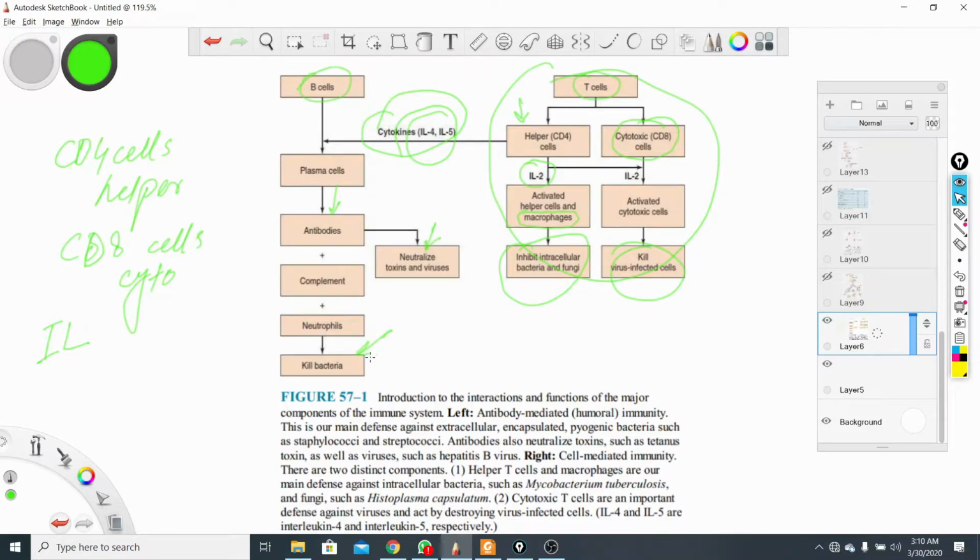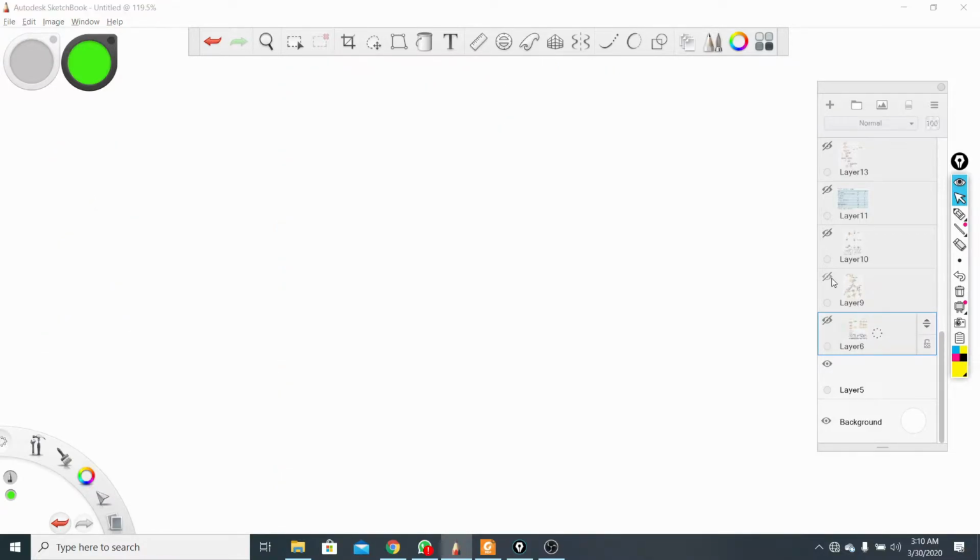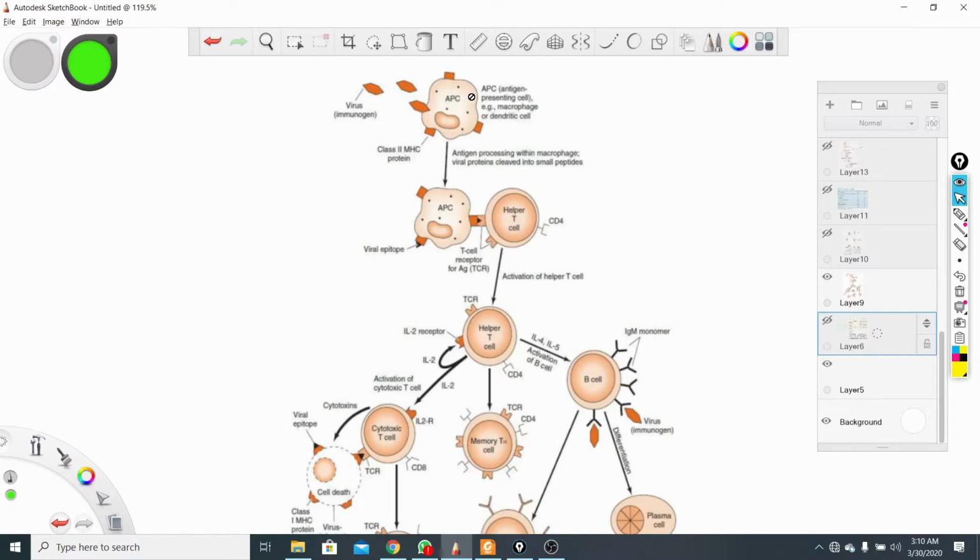This is another figure in which we can see the presence of the APCs and virus immunogens. So what is the overall workflow? Let's discuss it first. The virus immunogen is taken up by the APCs, which are antigen presenting cells, for example macrophages or dendritic cells.